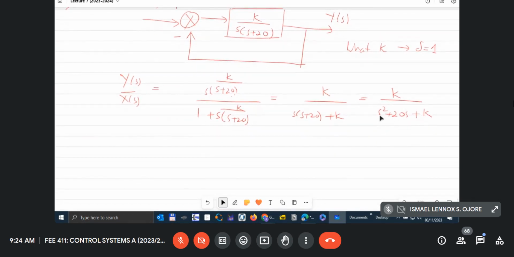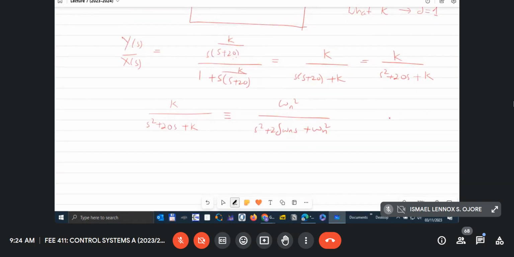So we know this from the denominator. This is a second order system, so we can compare this with our standard second order system. Therefore, from there we can say K is omega n squared, and this value here is the same as that one, so that is equal to 20.